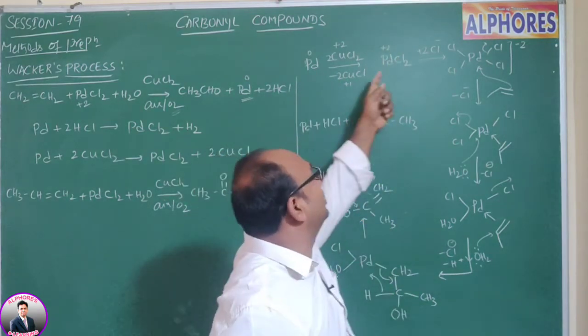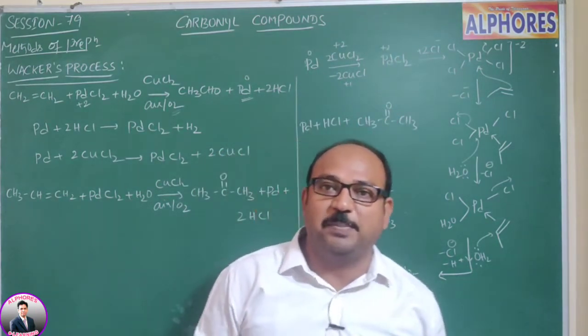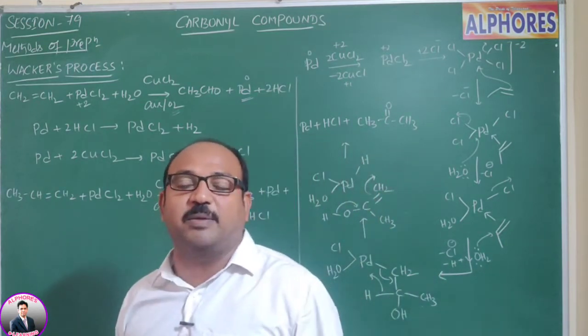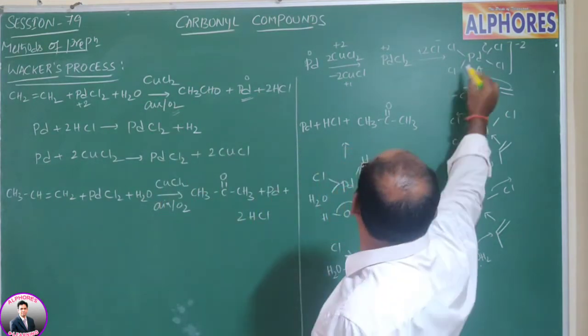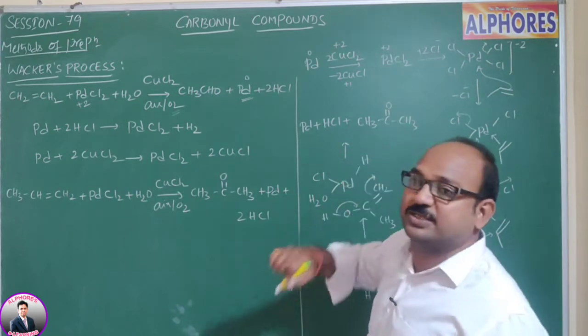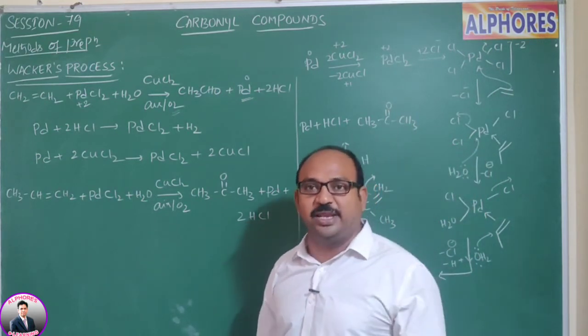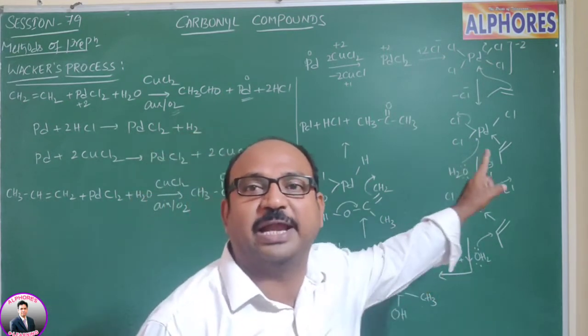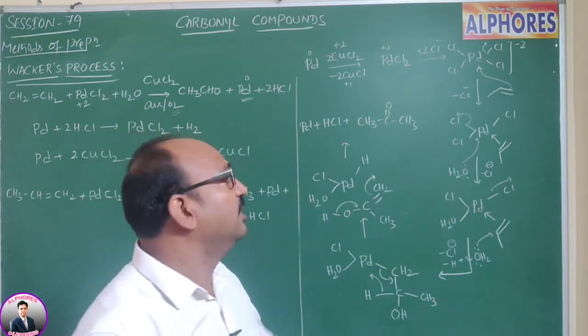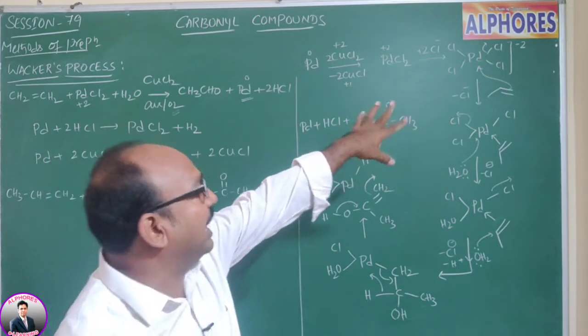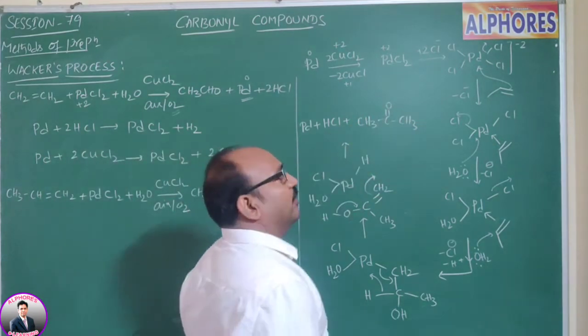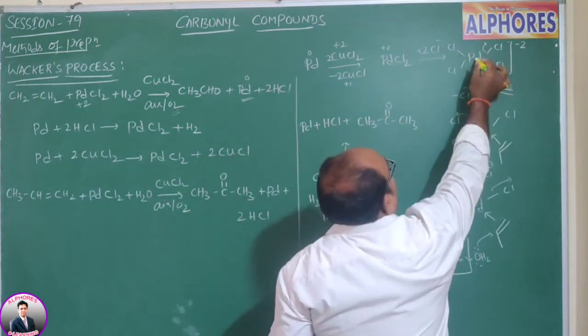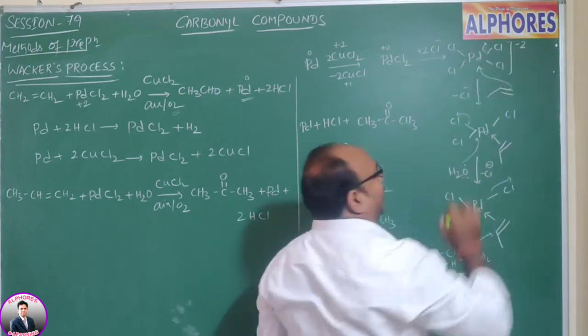So palladium converts into palladium chloride, and further palladium chloride combines with another 2 Cl minus and converts into PdCl4 minus 2. The species which actually participates in the reaction is PdCl4 minus 2. Here the alkene is coordinated with the palladium and displaces one of the ligands.